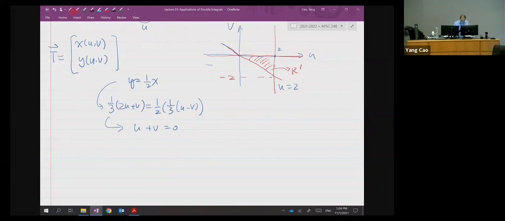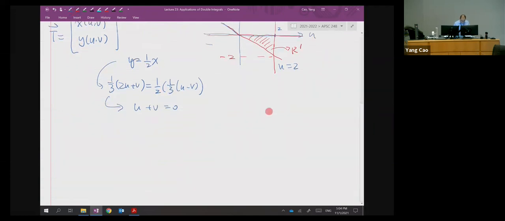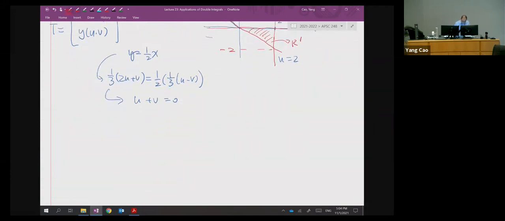We already got the vector transformation matrix. The way to use the Jacobian is you need to calculate the determinant of the Jacobian, which is the determinant of this 2x2 matrix: partial x partial u, partial x partial v, partial y partial u, partial y partial v.